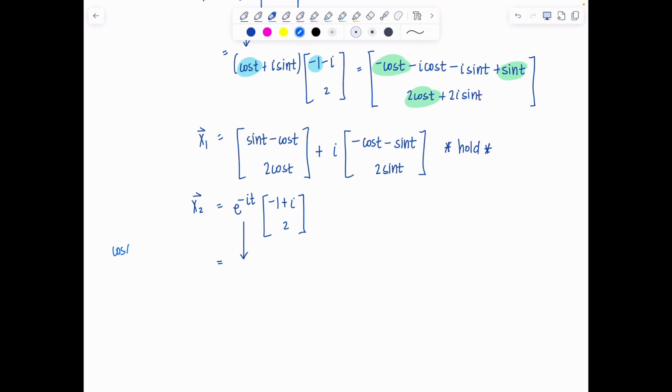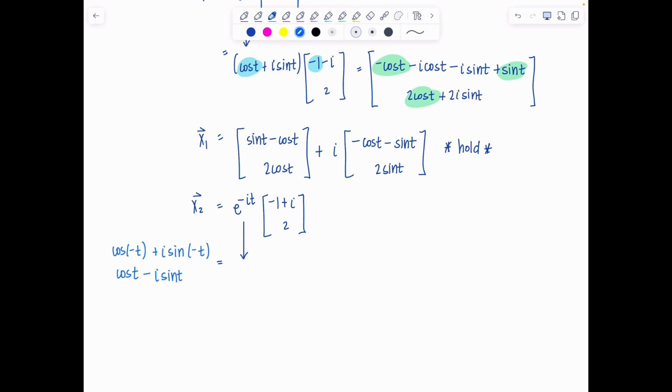This would be cosine negative t plus i sine negative t, right? Since we have a minus sign in the exponent this time. Very good. So cosine's even, so the negative gets absorbed. Sine is odd, so then it's minus i sine t. Good, Labib, look at that.